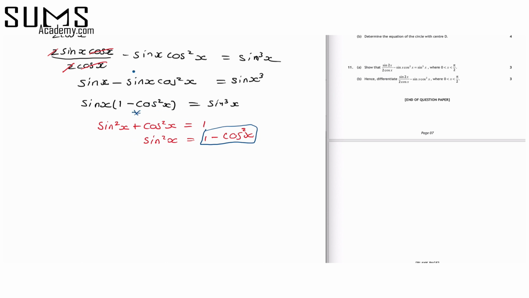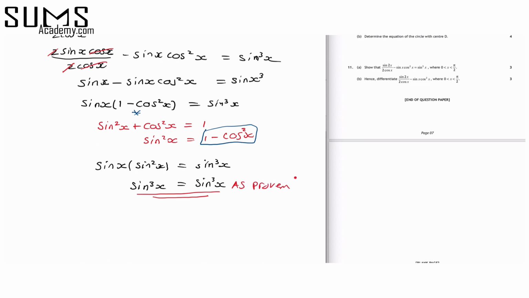So we can just substitute that in, and this then becomes sin x times sin squared x equal to sin cubed x. So sin cubed x is equal to sin cubed x. Right, that's it there. So that's your final answer. You could write as proven.